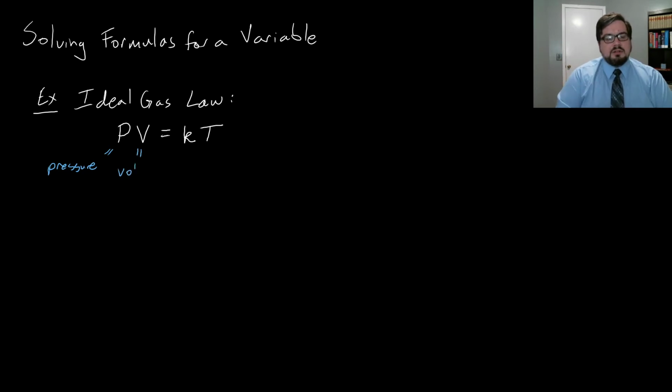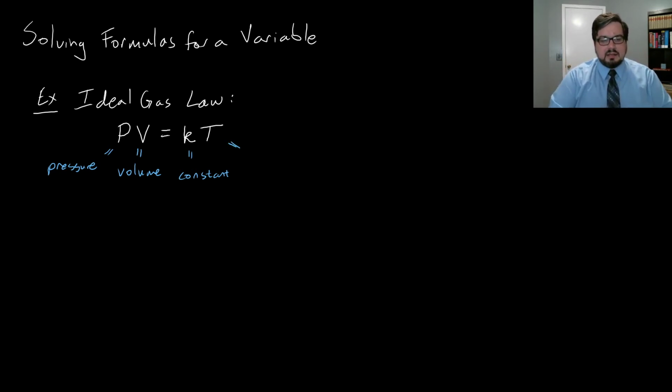V is the volume of that container, and so it could get bigger, it could get smaller. K is just a constant, which depends on the specific gas that you're using. Different types of gas will have a different value of K here, but as long as the gas is the same, that K will be a constant.